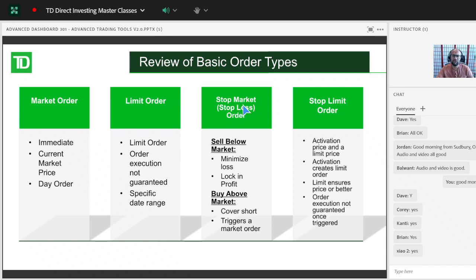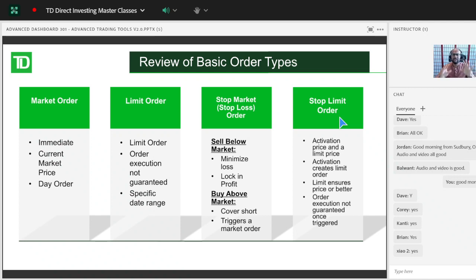And this is the big difference between these two orders. They both have this kind of alarm or trigger going on, and in this order, as soon as it triggers, it turns into a market order to sell the stock at whatever price is available. But in a stop limit order, once the stop price gets activated or triggered, it becomes a limit order to sell.